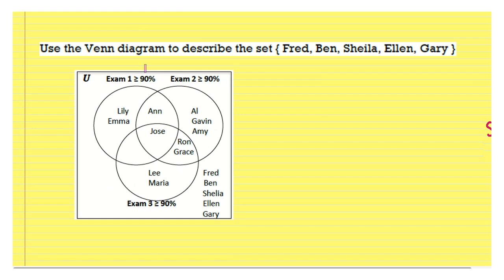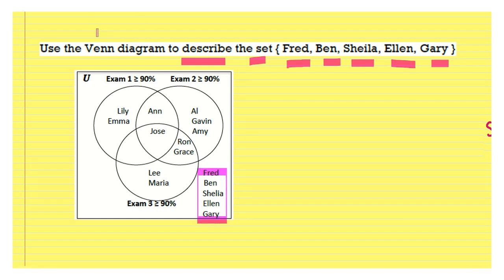This one says, I use the Venn diagram to describe, again, we're going to describe the set of Fred, Ben, Sheila, Ellen, and Gary. Well, those are all the people that are outside the exams. So these are students who did not score higher than 90%.